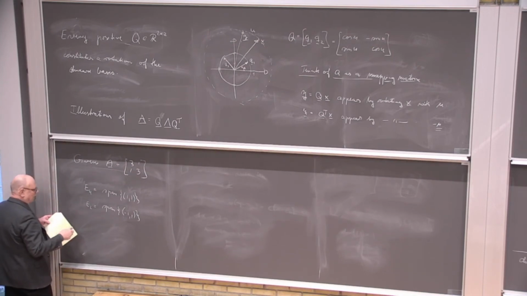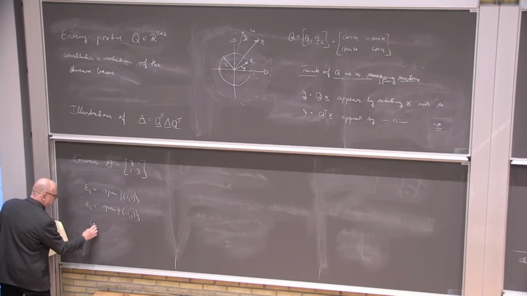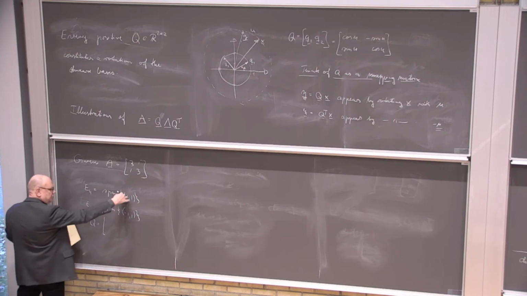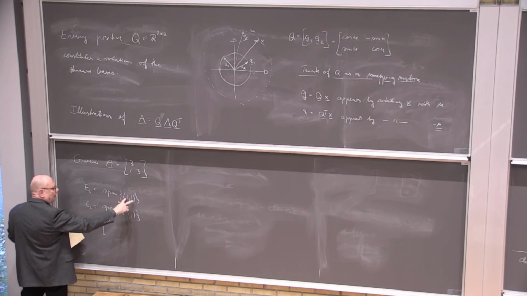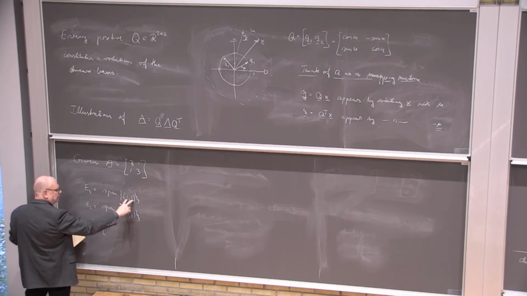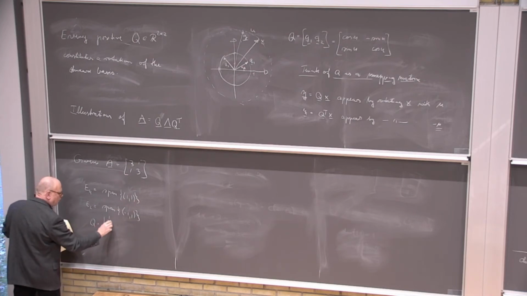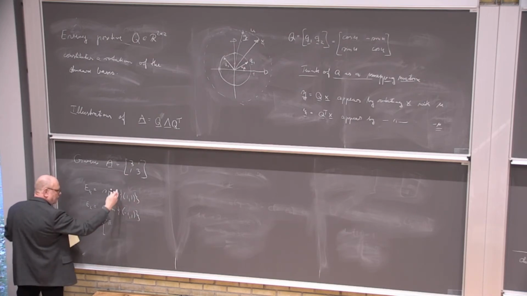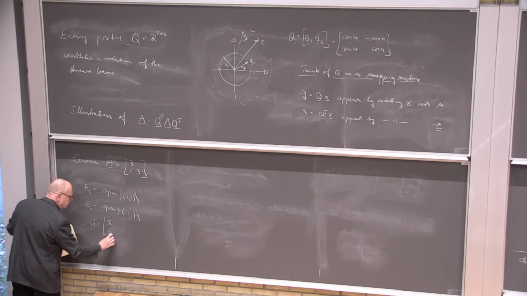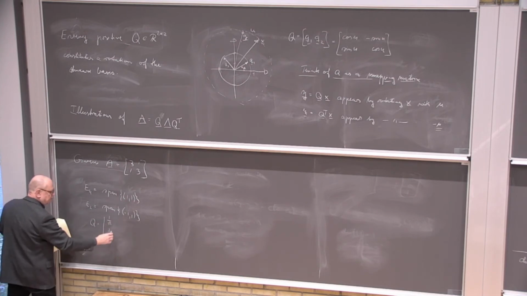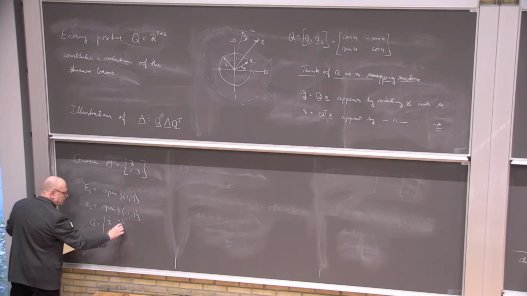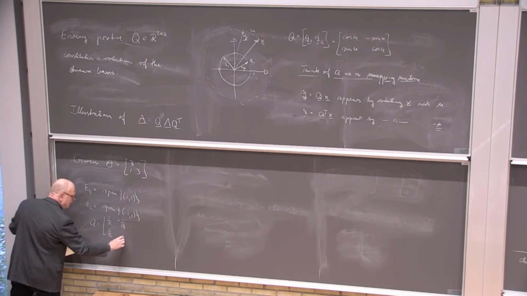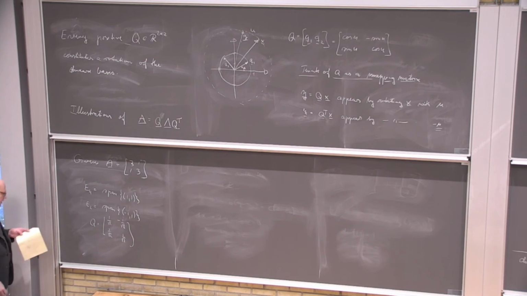Then you can write down your Q, because you normalize these vectors by the length of the vector, which is square root of 2. So you get 1 divided by square root of 2 and 1 divided by square root of 2. This is the first vector here. And then minus 1 divided by square root 2 and 1 divided by square root of 2.